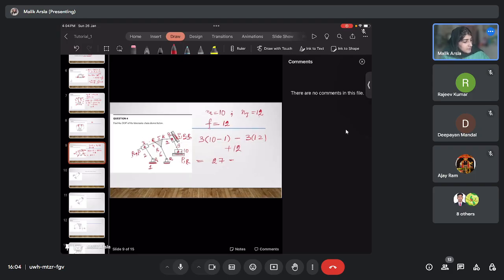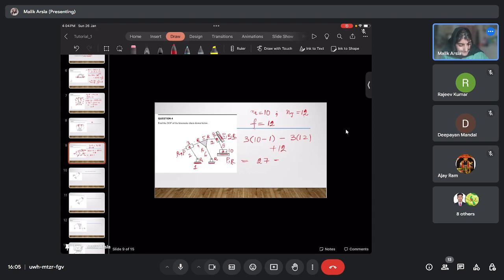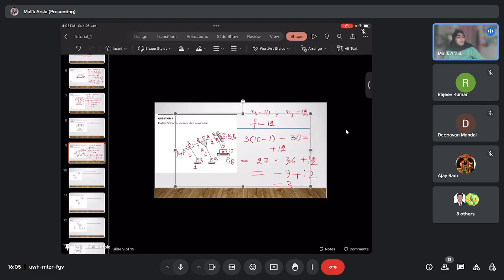Wait a minute. Number of joints is 12. Number of links is 10. Okay, no, it's fine. It will be minus 3 into 12 is 36, plus 12. So calculate this: it will be 27 minus 36 plus 12. It will be 3. Okay, so yeah, this is fine.